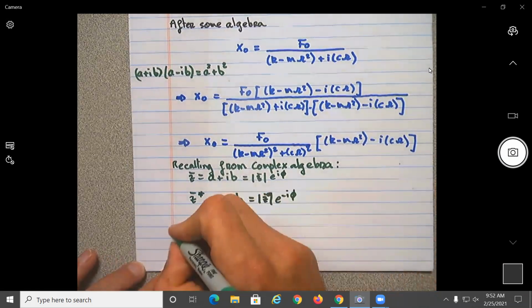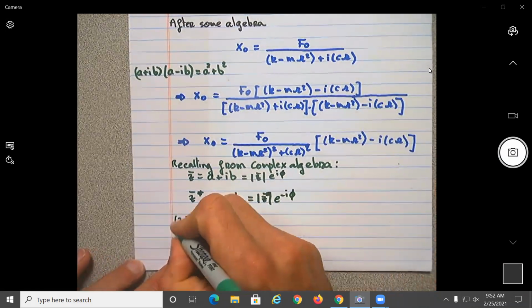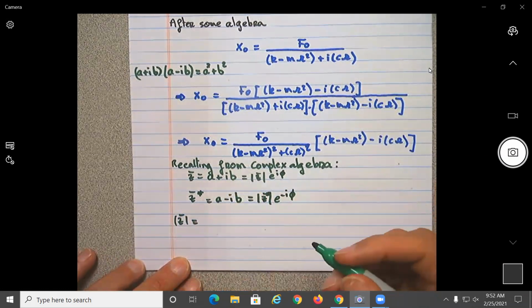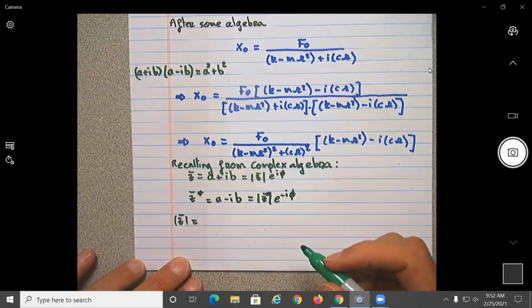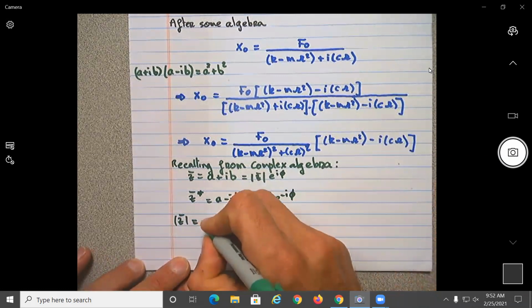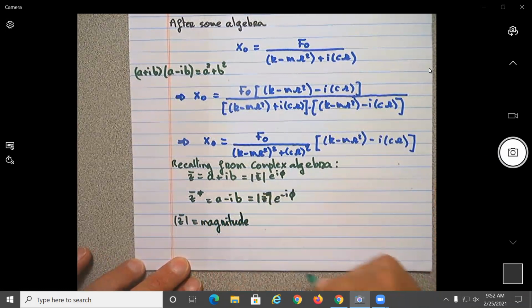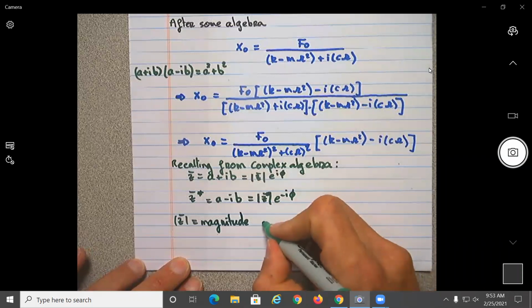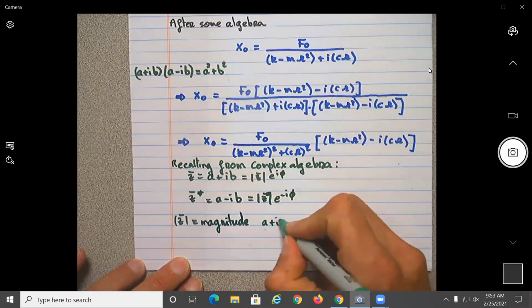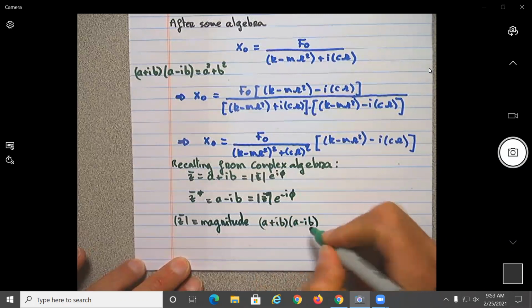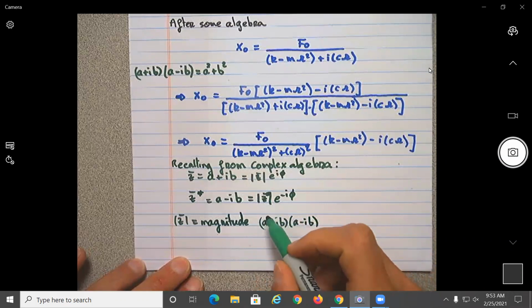Okay, so in this problem, what is the magnitude equal to? You know it's going to be just a squared plus b squared, so this is the magnitude of the frequency. So it will be equal to the square root of a plus ib times a minus ib.